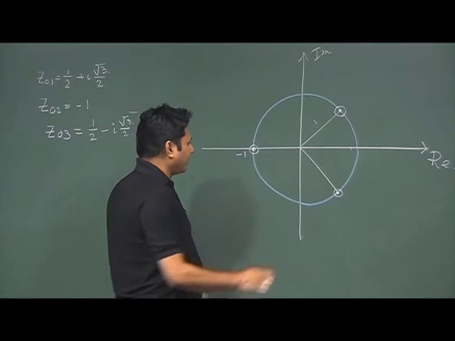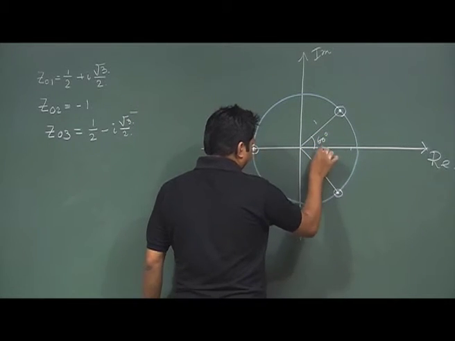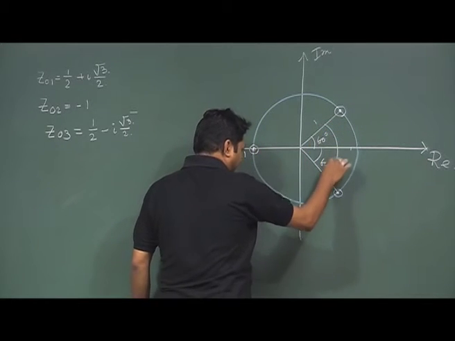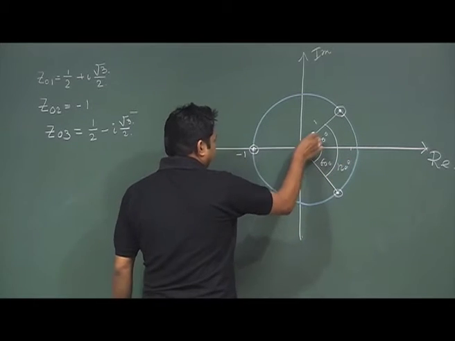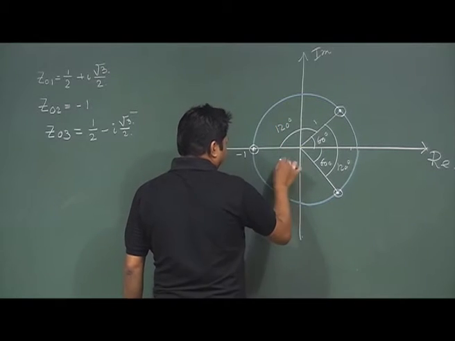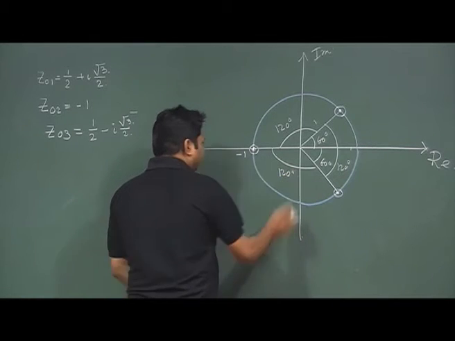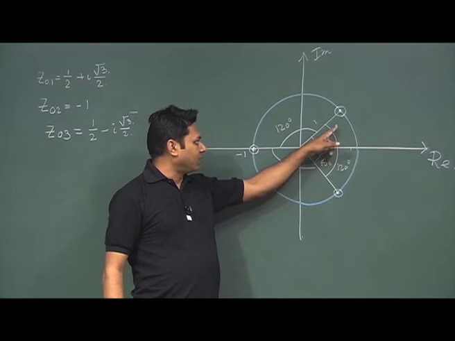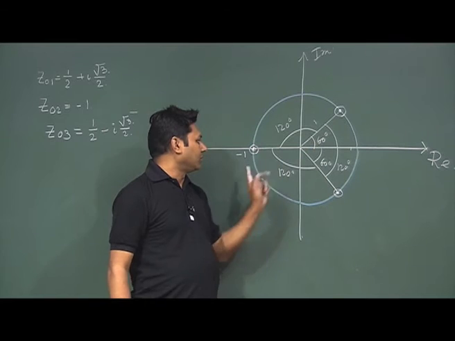The first point, this is 60 degrees, this is 60 degrees, so the angle between these two is 120 degrees. The angle between this is also 120 degrees, and the angle between this and these two is also 120 degrees. So 3 roots are placed over a circle of radius 1. They are 120 degrees apart.